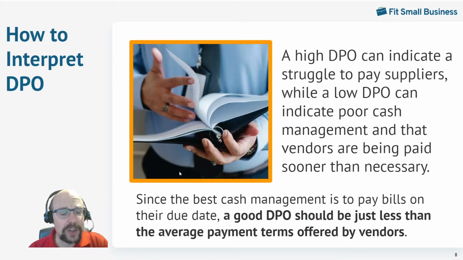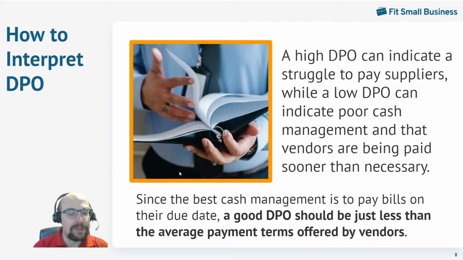What's a little bit harder is, okay, 30 days, is that good or bad? A lower number here is not necessarily a good thing. Cash is valuable. You want to keep the cash as long as you can before paying your vendors. So if they give you 30 days to pay, there's really no point in paying them in just one day.